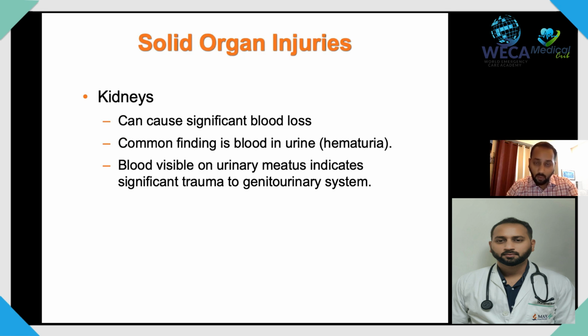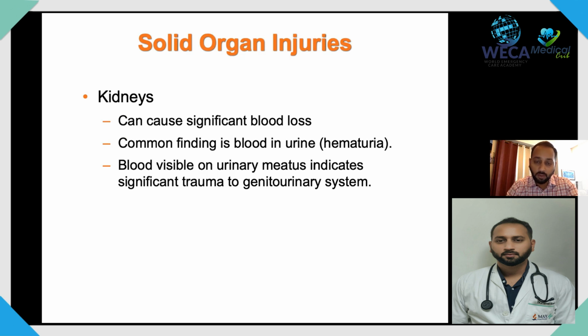Kidneys are located retroperitoneally and are very vascular, so they can cause significant blood loss. One important thing to note will be hematuria, and visible blood at the urinary meatus will usually indicate significant trauma to the genitourinary system.